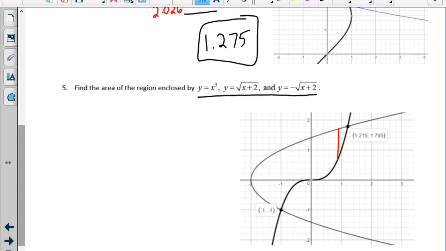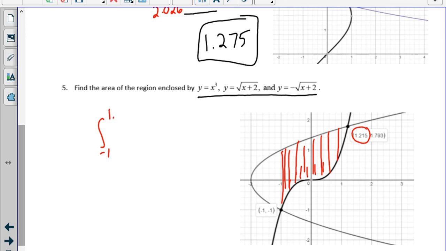But if I look at these functions in terms of x, what I'm going to end up with is I have one set, which is the integral from -1 to this x value, which I will show you how to find on the calculator. Actually, let's do that right now.